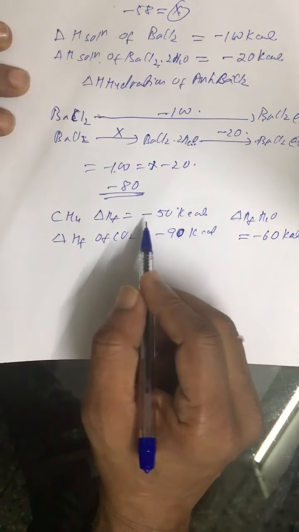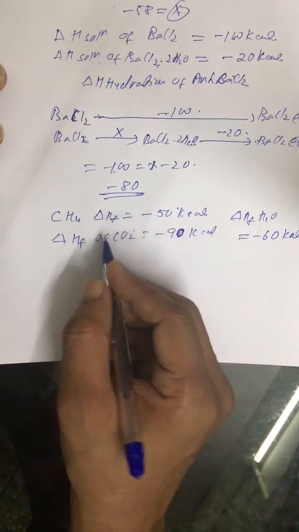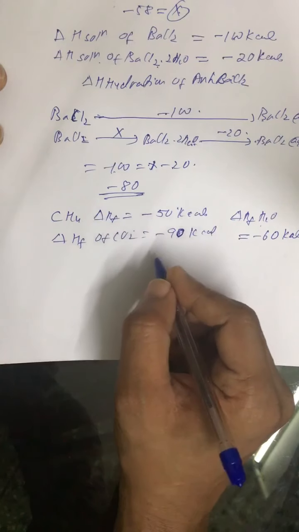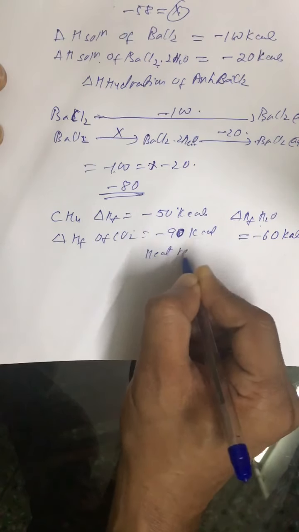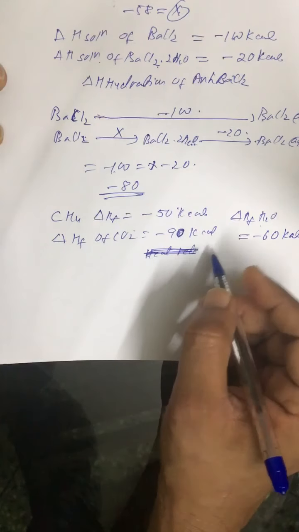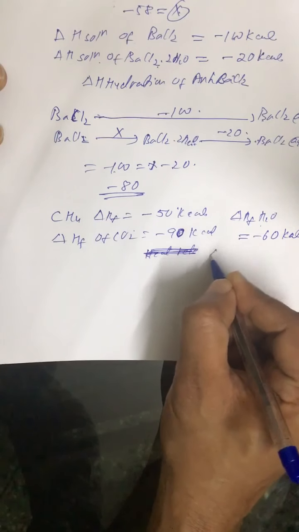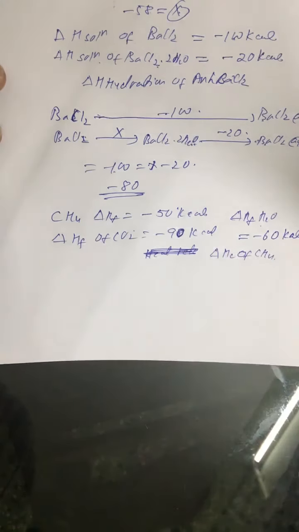So the point is, for such cases, we have to find out the amount of heat released, or we will go for a smaller case first. The question is to calculate delta Hc of methane, CH4.